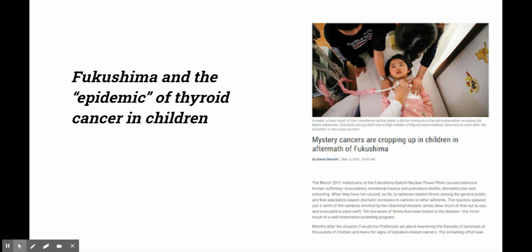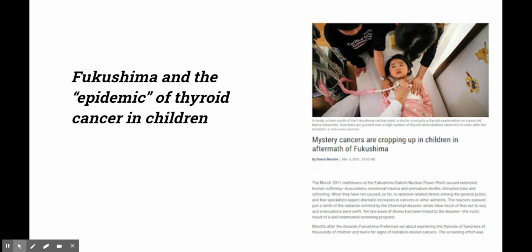This explosion led to a large release of radioactive material. And this concerned a lot of people because radioactive material is not great for human health. It's actually really bad for human health, and it's particularly bad for kids when it comes to thyroid cancer. This exposure to radiation can lead to an increased risk of thyroid cancer in children.